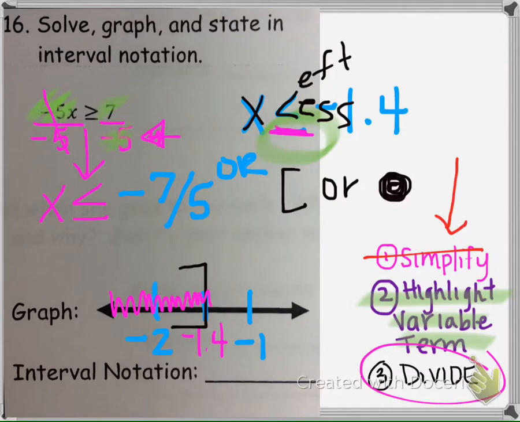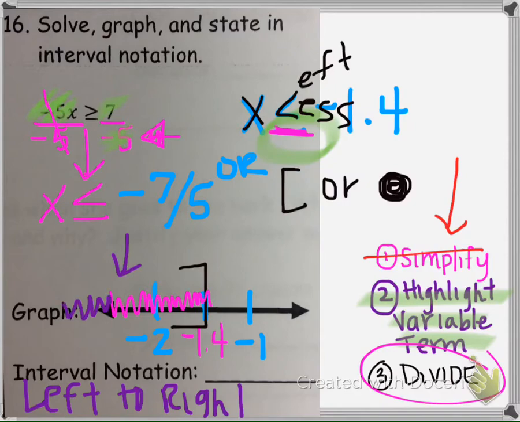Okay, so now our interval notation, we always read the graph from the left to the right. If we look at the graph on the left, this is showing that our solutions are numbers that can be x, or anything to the left of -1.4 on the number line. That means we have the negatives. The negative numbers keep going and going and going over here on this side.